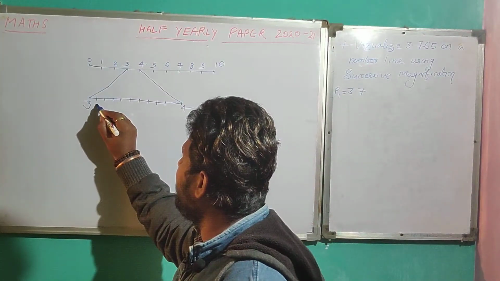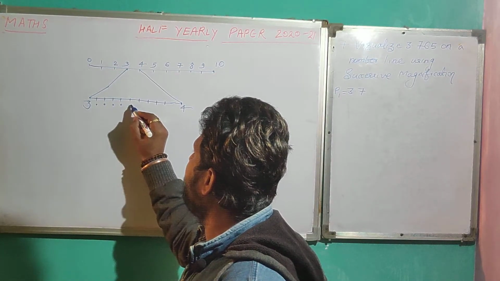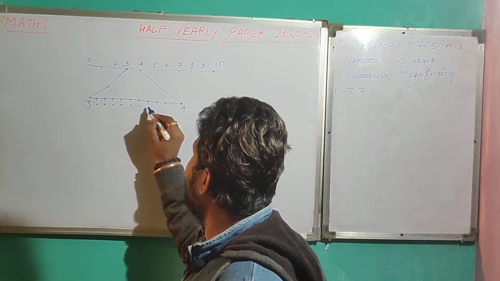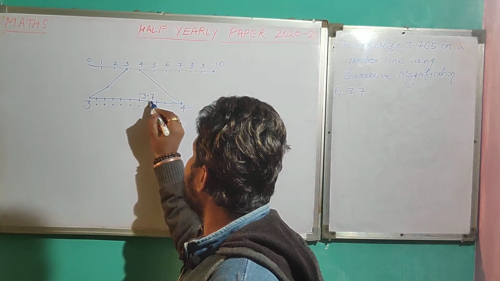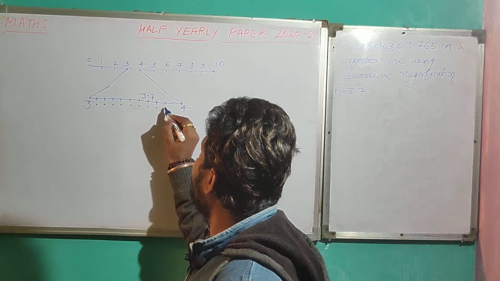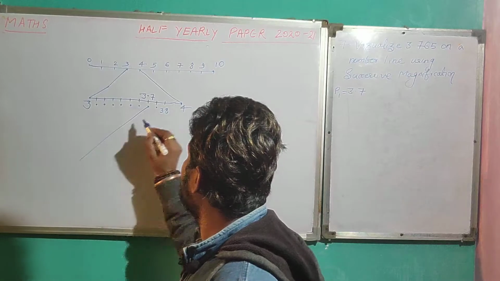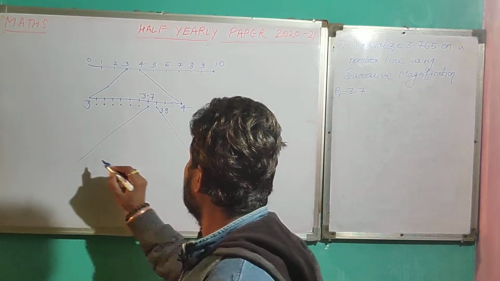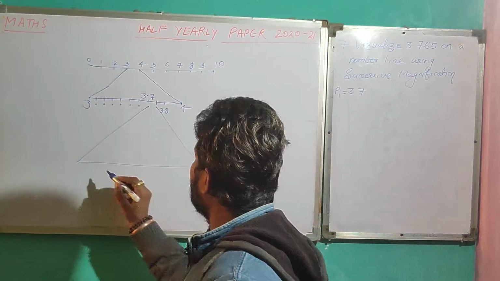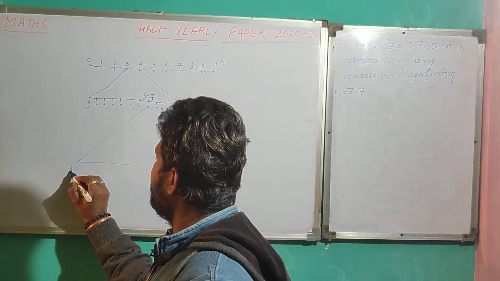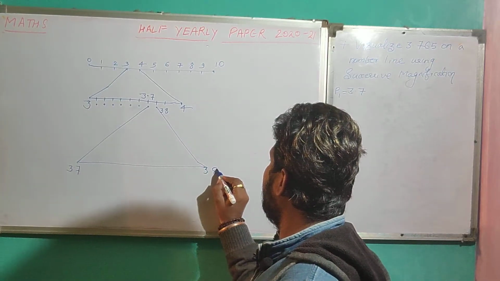So this is 3.1, 3.2, 3.3, 3.4, 3.5, 3.6, 3.7. So our point 3.7 is over here and this is 3.8. Take these 2 points. Now this point is 3.7 and this point is 3.8.